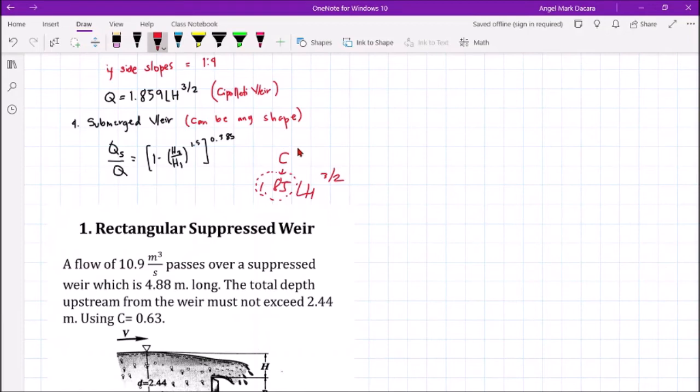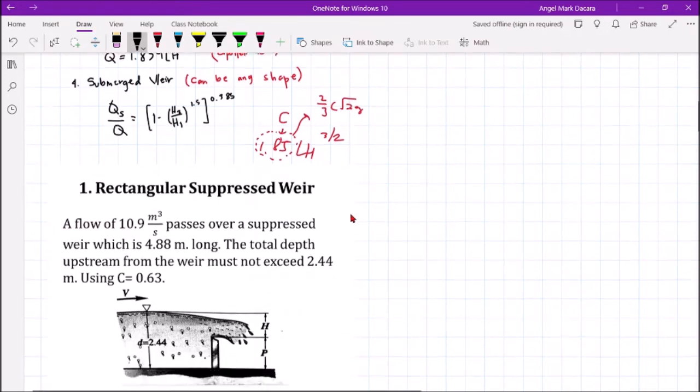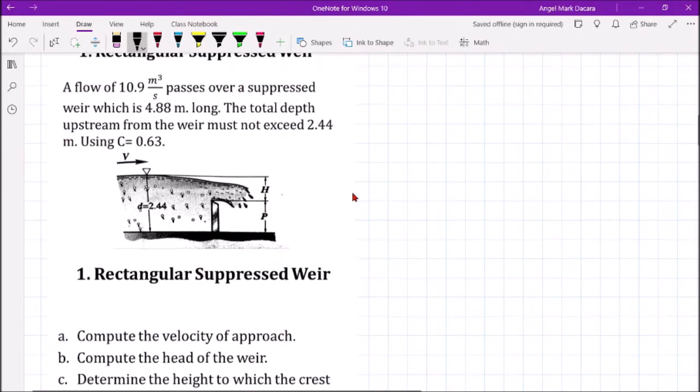As in, sinubstitute na natin itong 1.85 na to, siya na yung tumayo sa value ng 2/3 C square root of 2G. Okay, now if that C is mababa, tulad nito, 0.63, then substitute that C dito sa C na to. Kailangan po siya i-multiply sa 2/3 square root of 2G. Okay, so yun yung gagawin natin yan. I hope that makes sense.